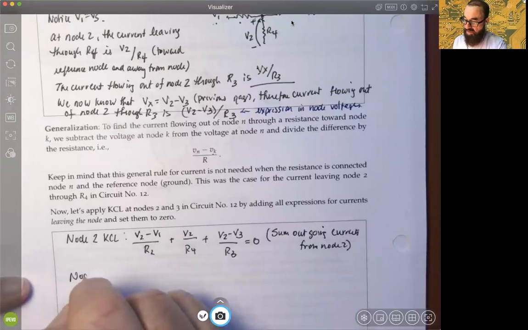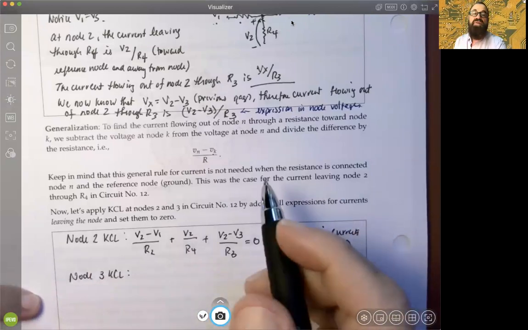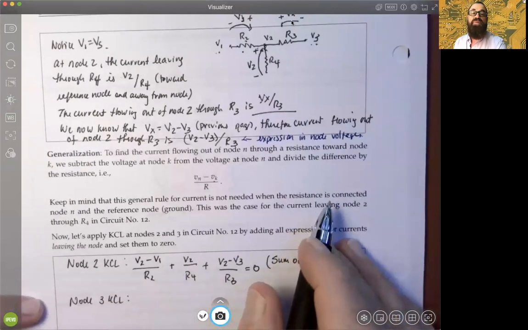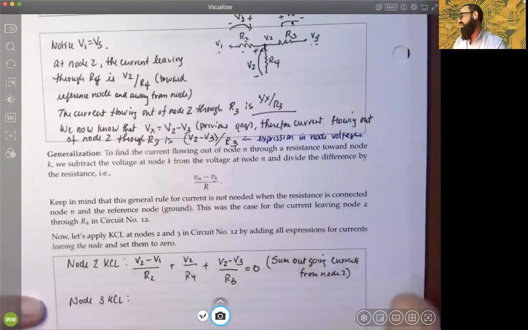Node 3, KCL. Well, at node 3, you have to be a little careful here. I don't have the full diagram here, so you have to think about what you've got: 3 possible currents to represent here.